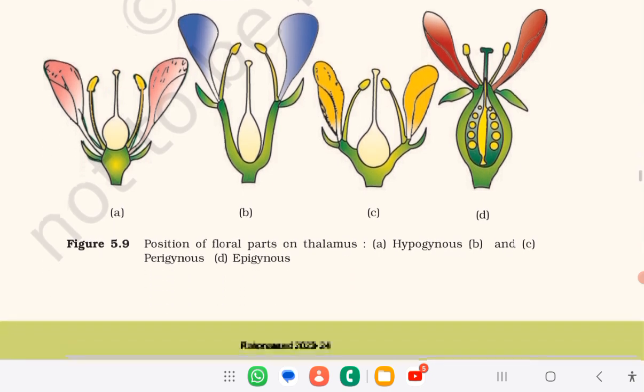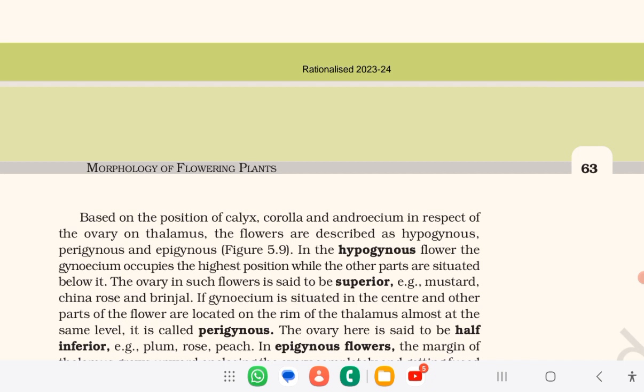Based on the position of calyx, corolla, and androecium in respect of the ovary on the thalamus, the flowers are described as hypogynous, perigynous, and epigynous. Refer to figure 5.9. In a hypogynous flower, the gynoecium occupies the highest position, while the other parts are situated below it.